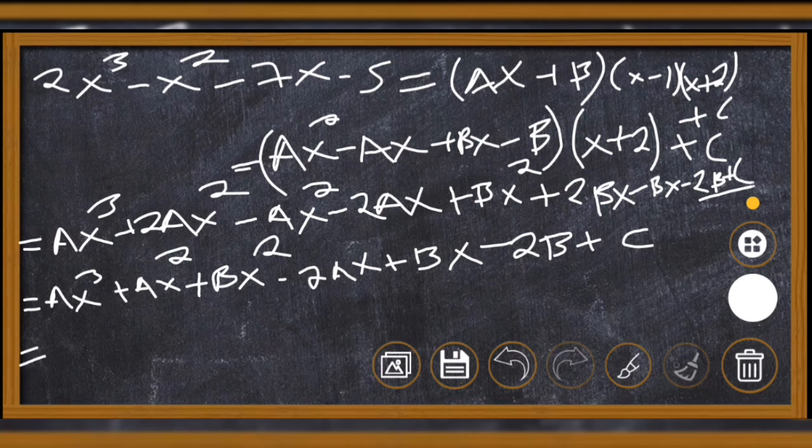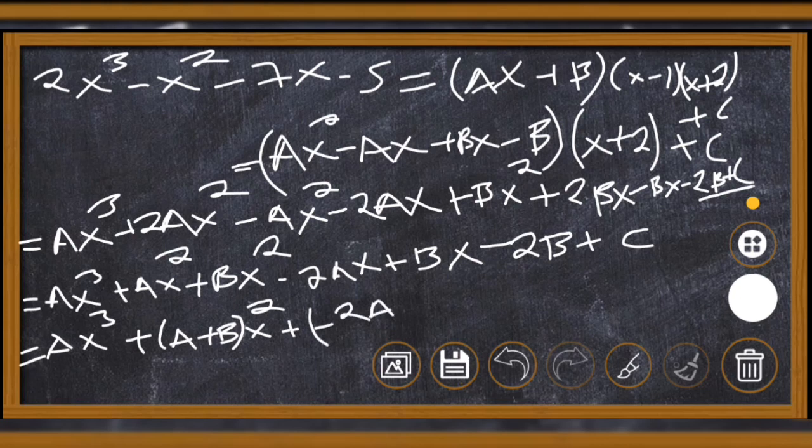So here we have ax^3, and then let's factorize x. We're going to have (a + b) and then x^2 outside the brackets, minus, even here, let's factorize x, we're going to have (2a + b), and then here we remain with x, and then minus 2b plus constant value c.